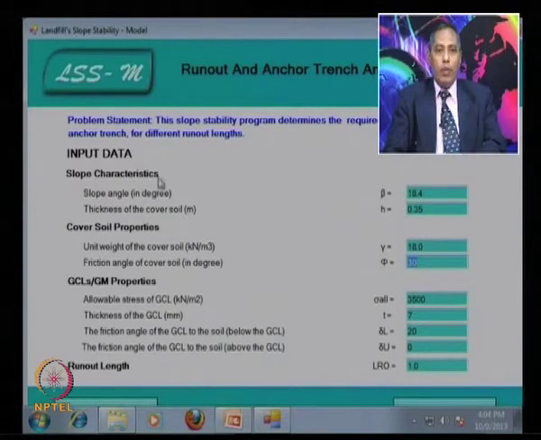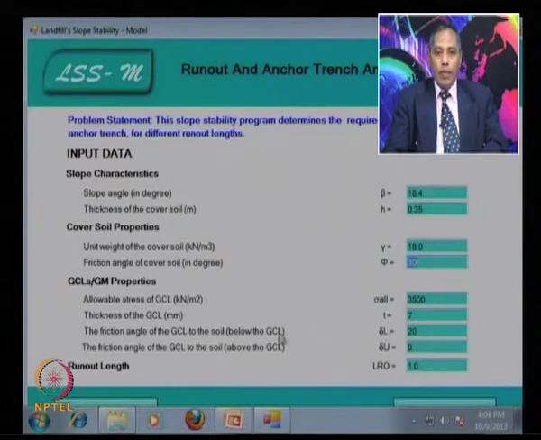Now, for the runout length, the input data for slope characteristic beta is 18.4, H is equal to 0.35, cover soil property gamma is equal to 18, phi is equal to 30, and the allowable stress for the geosynthetic clay liner, sigma allowable, is 3500 kilonewton per meter square.